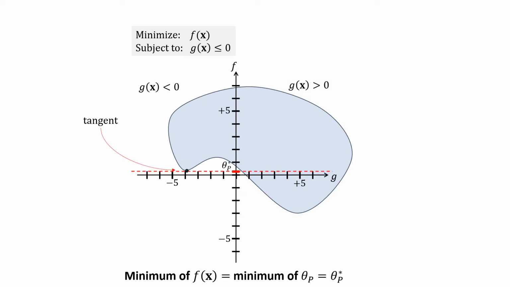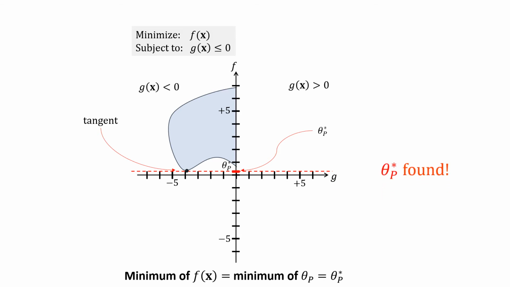We can easily locate the minimum of the function f of x, and that's where this red dotted horizontal line is tangent to the blue shaded image in the feasible half plane. We have to ignore the infeasible half plane when we are locating the minimum, of course.